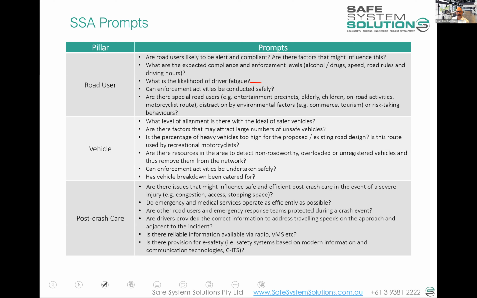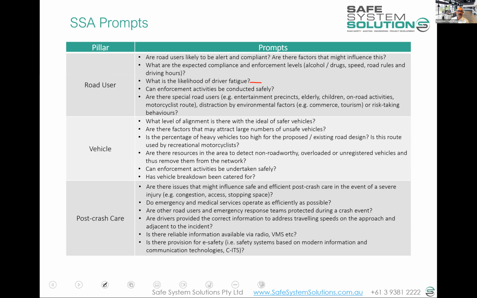One of the early visions of how it would be used was at mine sites or remote communities or the like, where you'd be looking at their fleet of vehicles and understanding the vehicle features and what safety features they have. So mostly for our intersection designs or length of road designs, this is a bit of a meaningless question. And that's okay. You don't need to be answering that.